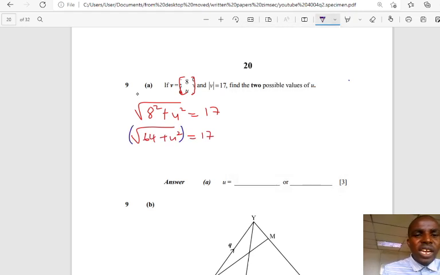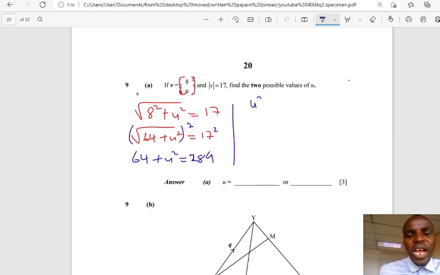So it will be 64 plus u squared is equal to 17 squared. 17 times 17 gives 289. So u squared is equal to 289 minus 64, which is 225. U squared is equal to 225.